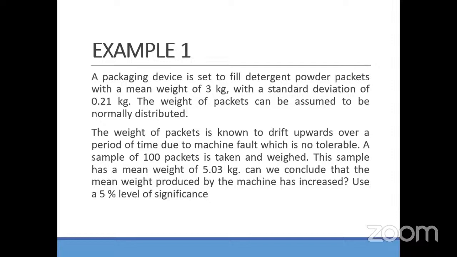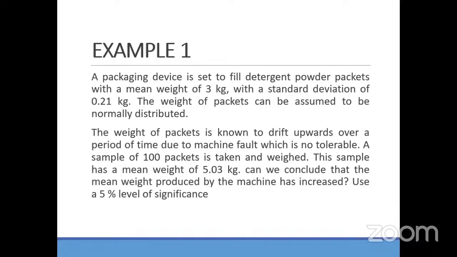So you have taken a sample of 100 packets and weighed all of them, and you found that the mean weight of these 100 packets is coming to be 5.03. With this data, can we conclude that the mean weight produced by the machine has increased, right? And we have to use a 5% level of significance. That means alpha is 5%.